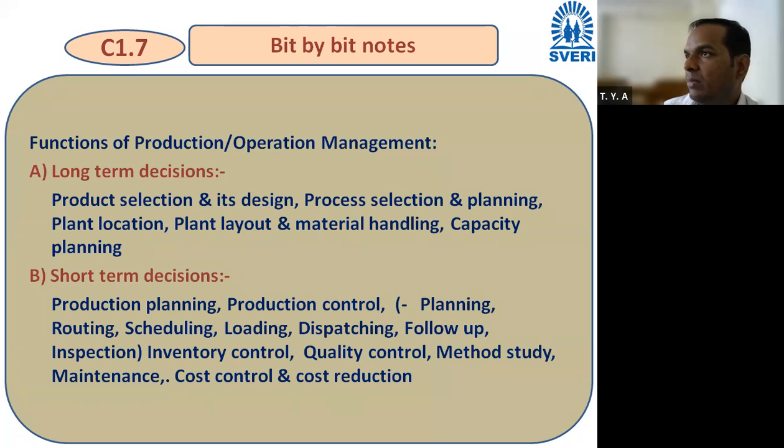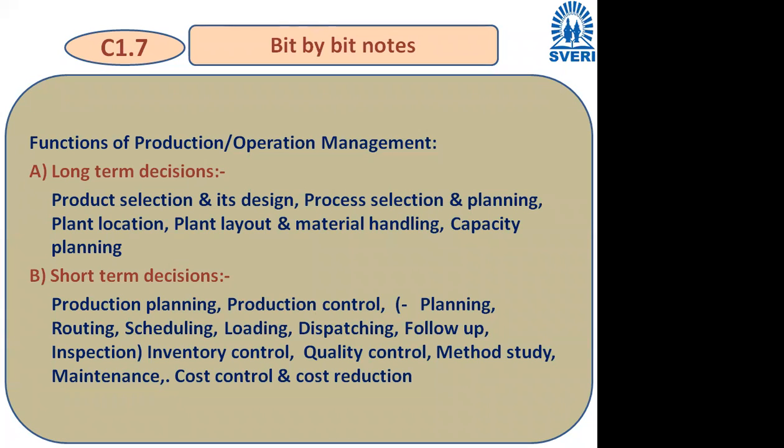Plant layout and material handling. And last one is capacity planning. So these were the long-term decisions in production management.